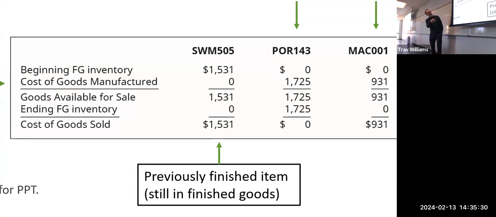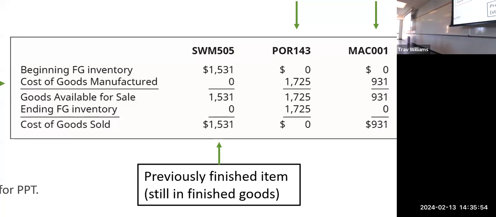Then there's our favorite product over here, that $931 product. Same thing. It was still in process at the beginning of the period, so there was no finished goods. It got finished during the period. And did this one get sold? Yes, because there's nothing in finished goods inventory. It's now in cost of goods sold.